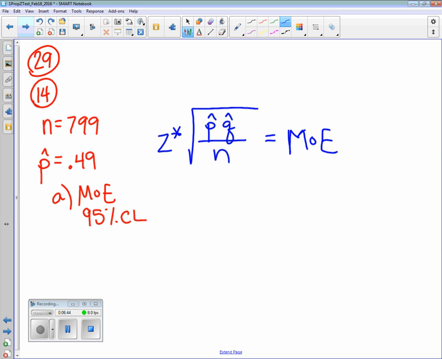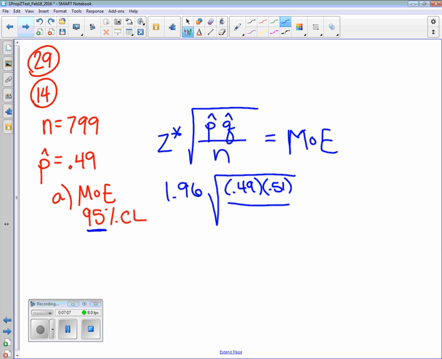Do I have z star? How do I find z star? If you memorize it and you know that it goes with a 95% confidence interval, it's 1.96. Do I have p hat? 0.49. What's q hat? 0.51. Good.